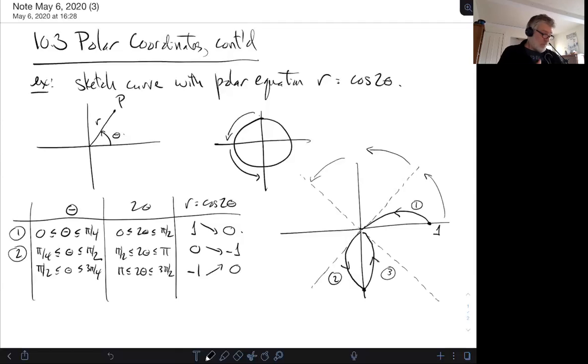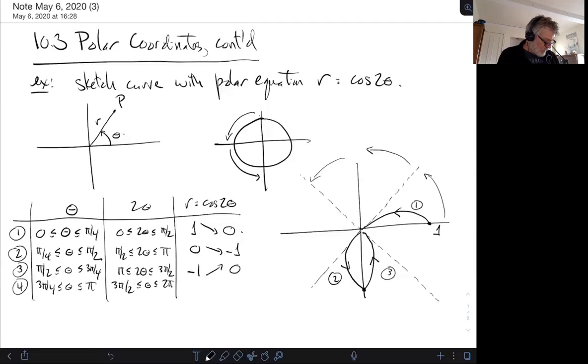All right. So now theta is 3 pi over 4. I look at the next quarter turn, 3 pi over 4 to pi. Double that, and this means 3 pi over 2 back to 2 pi.